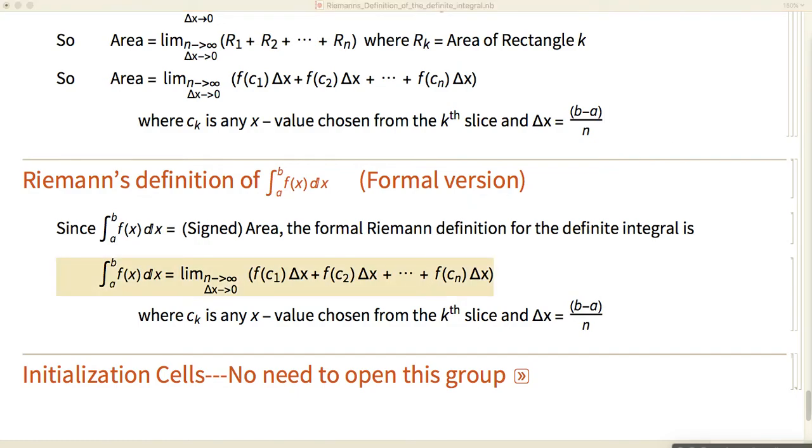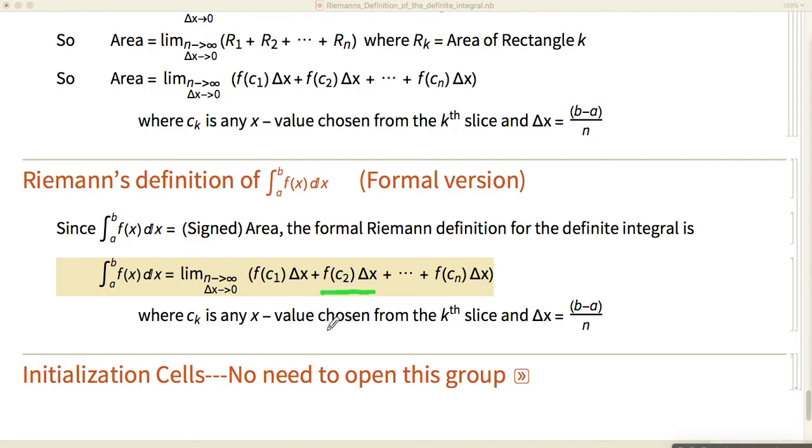The integral of f of x from a to b is going to be given by the limit as the number of rectangles goes to infinity and their width shrinks to 0 of the areas of the rectangles all added together. And f of c1 times delta x is the area of rectangle 1.